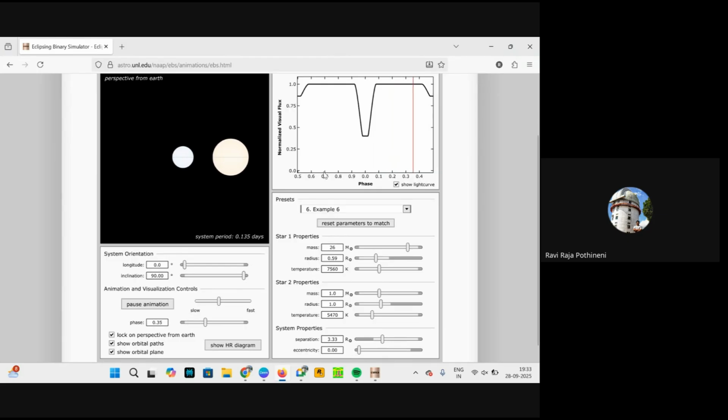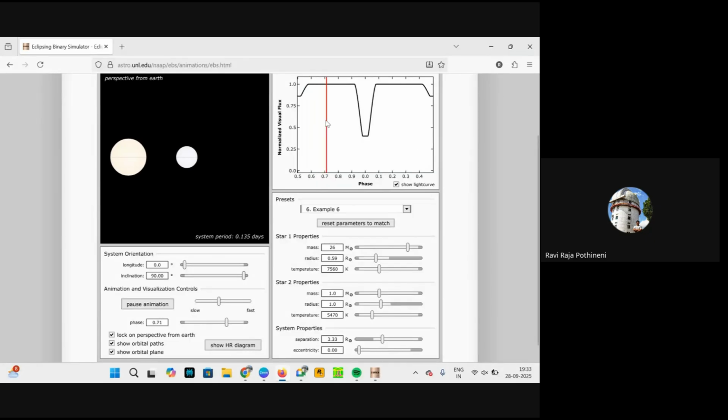I said totality, right? This is how totality looks. Whenever the stars are totally blocking each other, you can see a flat minima. Whenever you see light curves with flat minima, the parameters you deduce from such a system are reliable. So even though you don't get spectroscopy, you can proceed with the parameters you deduce from the photometry.